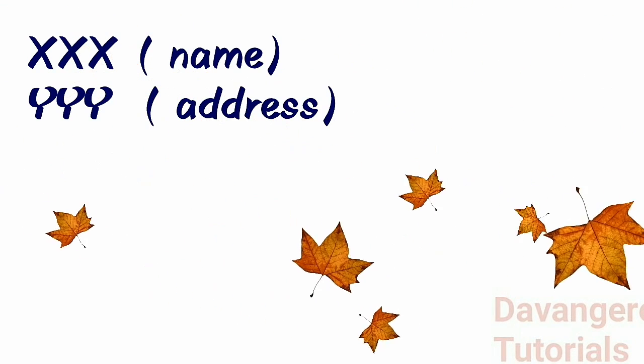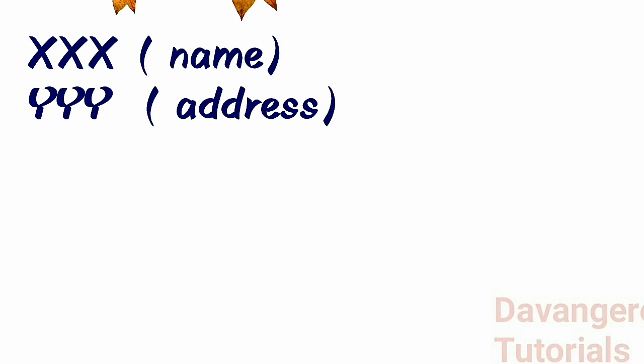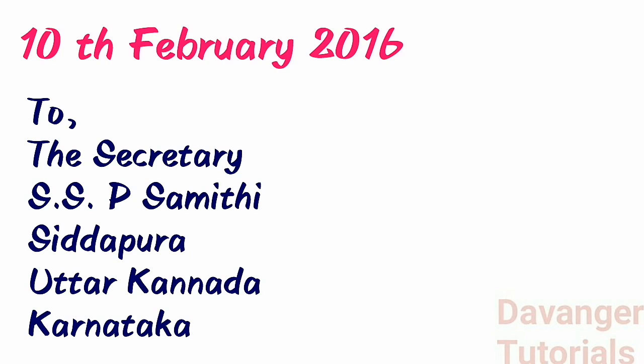You may pause. XXX for name and YYY for address. Follow it up with the date, 10th February 2016. There you see the receiver's address: the Secretary, SSP Samiti, Siddhapur, Uttara Kannada, Karnataka.